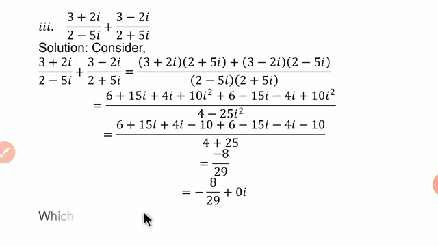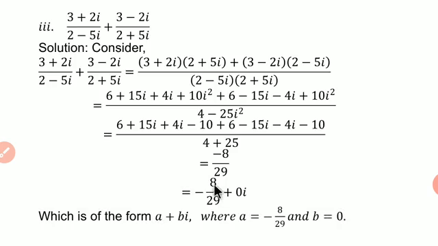So which is of the form a + bi, where if we compare, we get a is equal to -8/29 and b is equal to 0. In this way, in this example, we get the expression in the form a + bi and again the values of a and b.